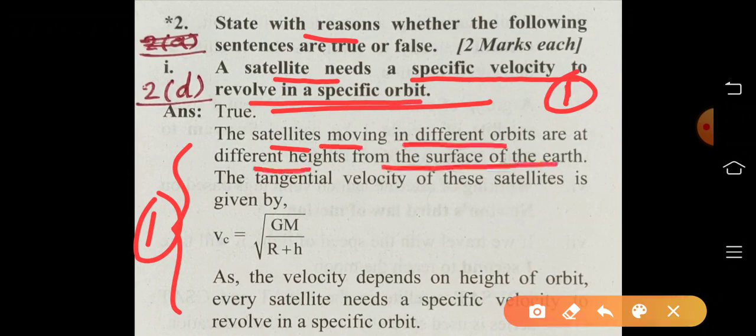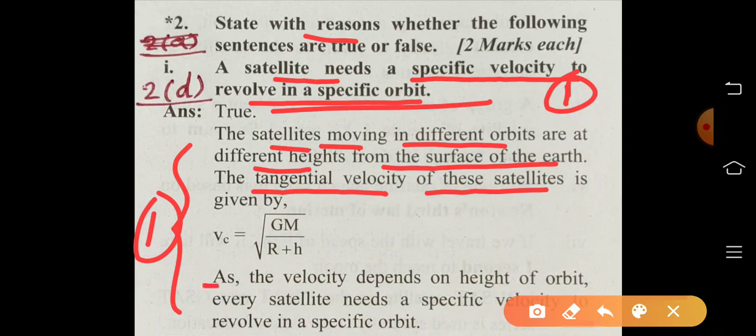All are knowing about this. The tangential velocity of these satellites is given by, we know the formula, Vc meaning critical velocity, is equal to square root of GM upon R plus h.